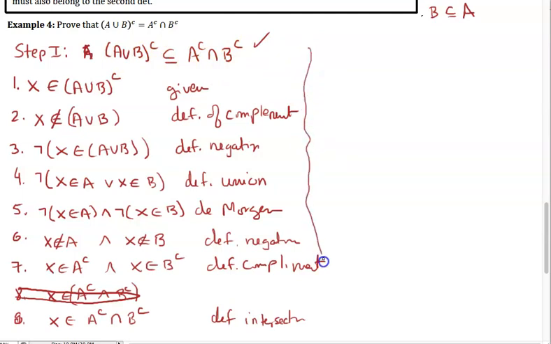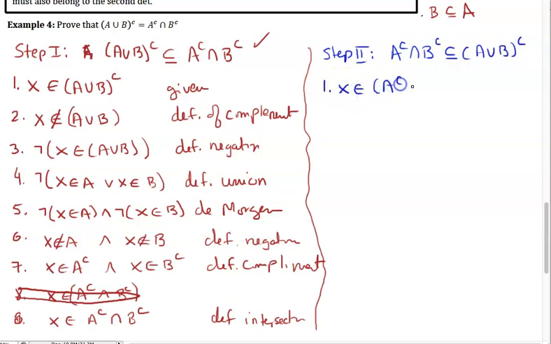All right, so now we're going to do it the other way. Let me pick step 2. In step 2, we need to show that the second set, complement of A intersect complement of B, is a subset of this. So let's look at the steps. We start with X being an arbitrary element of the intersection of the complements.